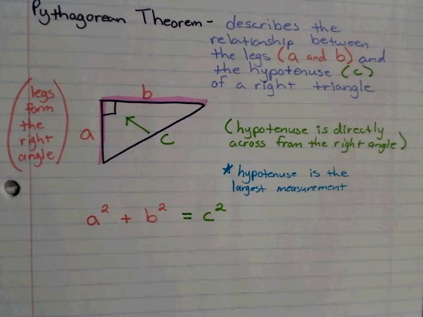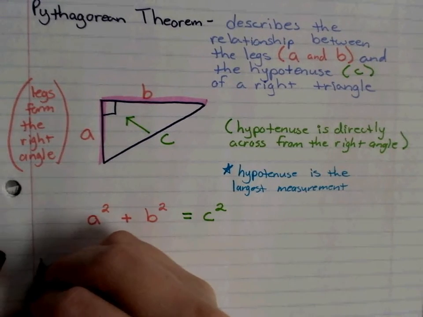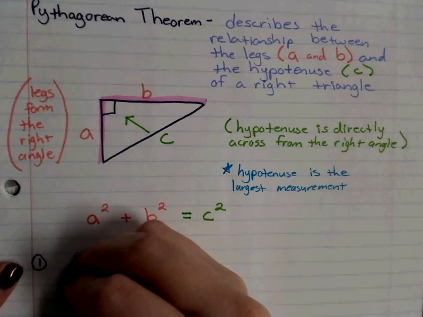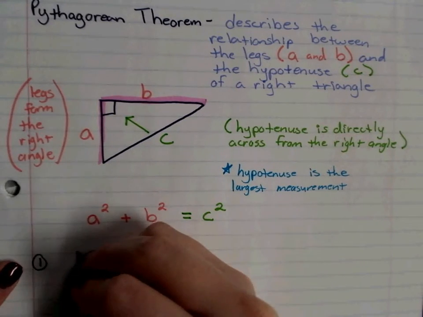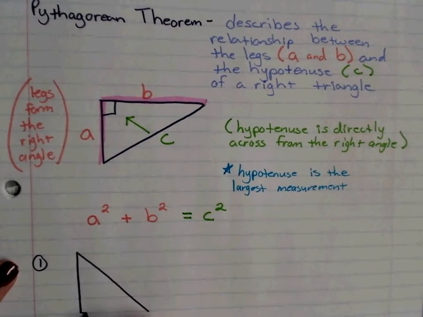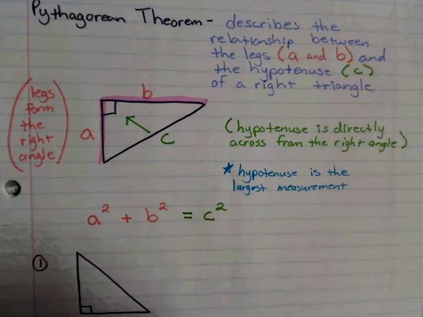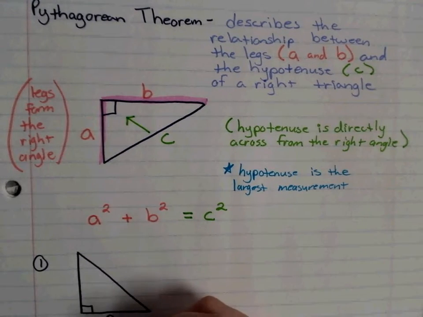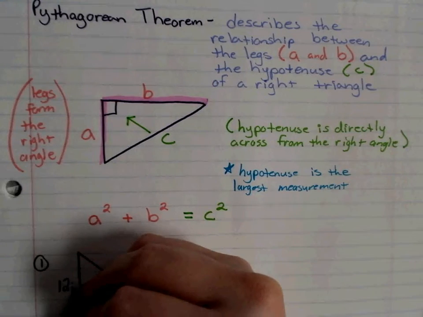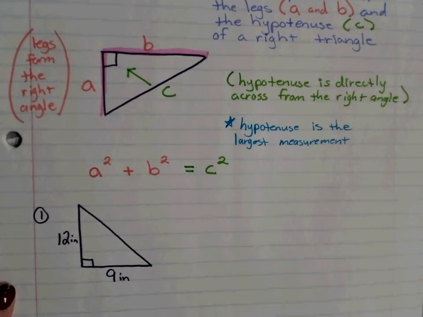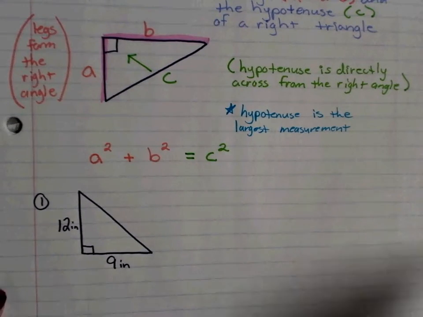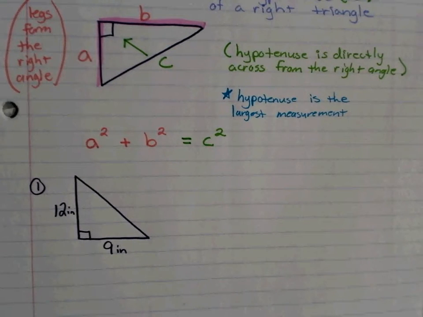All right, so let's say that we have a triangle like so. And we'll say that this is 9 inches, and this is 12 inches. And that's all we know about it. And I want to figure out what the perimeter is.